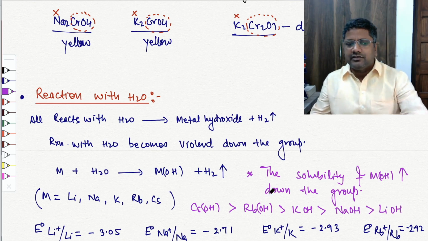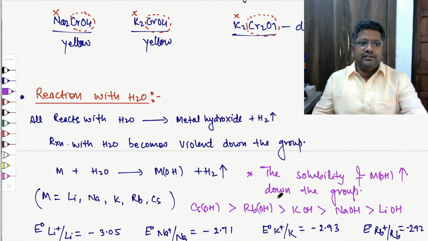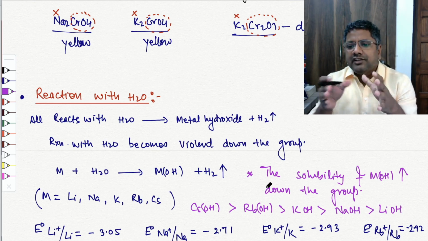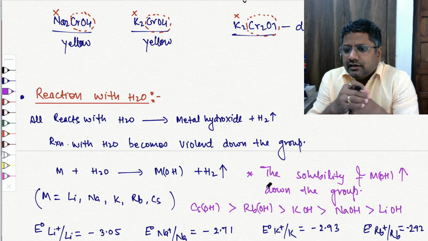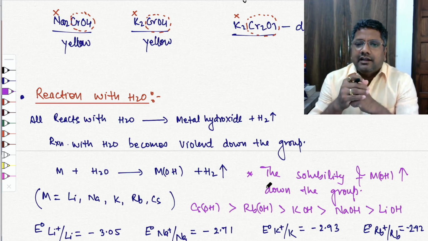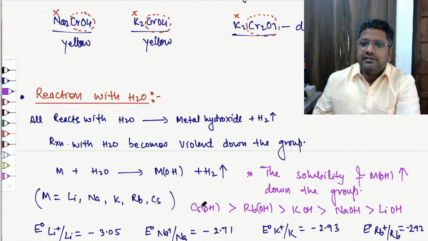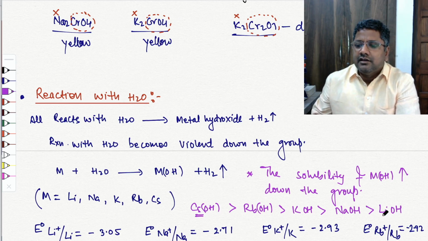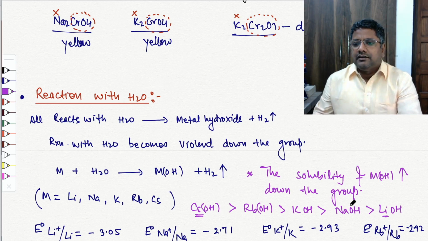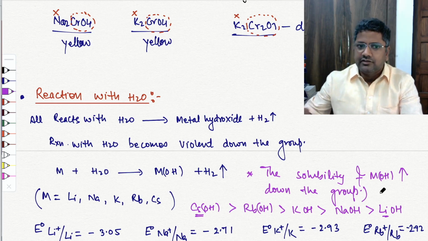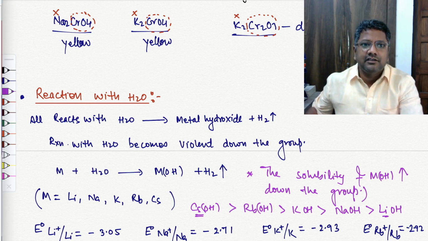So LiOH is the least soluble, right? At room temperature, CsOH is the strongest alkali, and solubility increases down the group. So this is all about hydroxide, peroxide, oxide, superoxide, nitride, right?